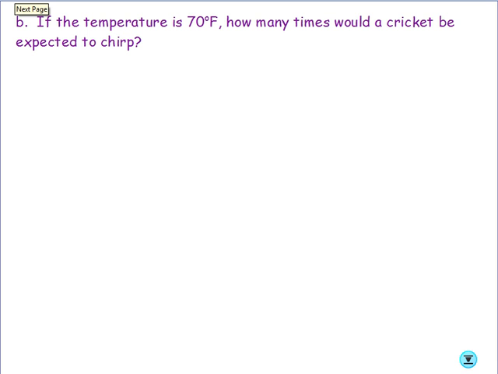Part B says, if the temperature is 70, how many times would a cricket be expected to chirp? So I'm going to rewrite my equation. y equals 4.53x minus 181.2. Now that 70 is going to go in this equation somewhere. So the question was, is temperature x's or y's?